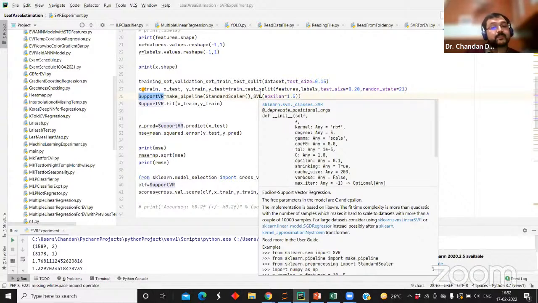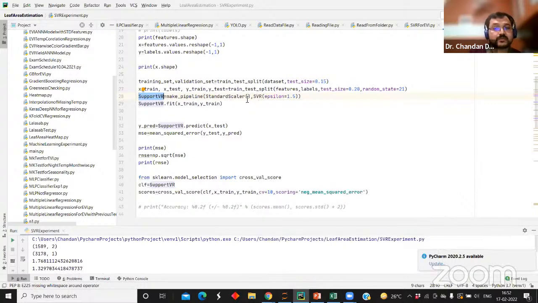Here we have previously tested that our data is very much linear, and we can use linear separation. So we have only used the epsilon parameter. After that, we fit the training for X and Y, which means the features and the labels.